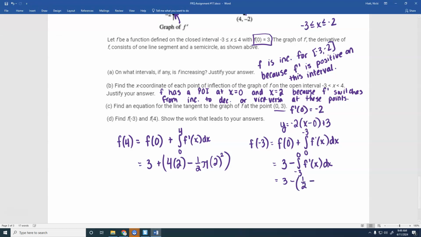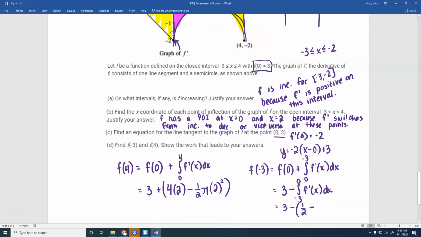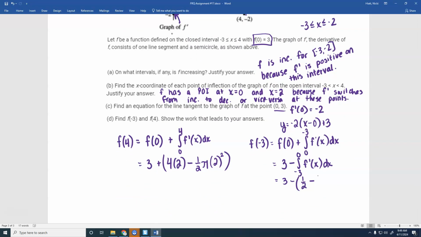And then we're going to have a minus because this part is underneath the curve, and that's going to be 1/2 times 2 times 2. Like that. You can leave it. That gives you a whole number. I wouldn't leave it probably if it wasn't for the fact that it's already 949. So I'm going to stop right here. What you could do.